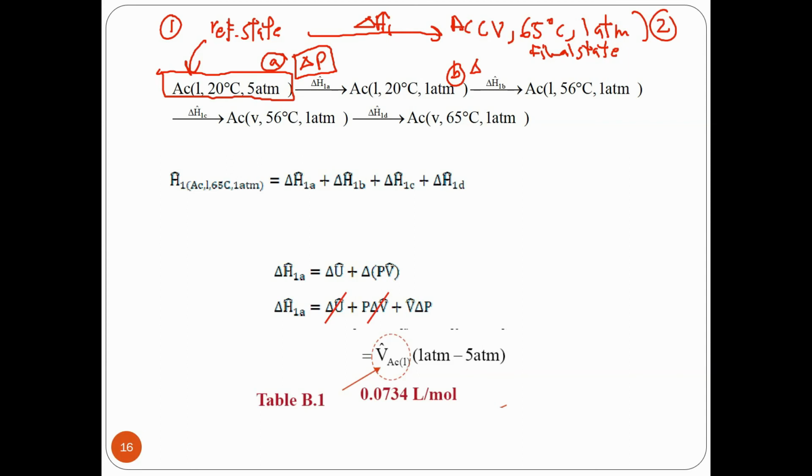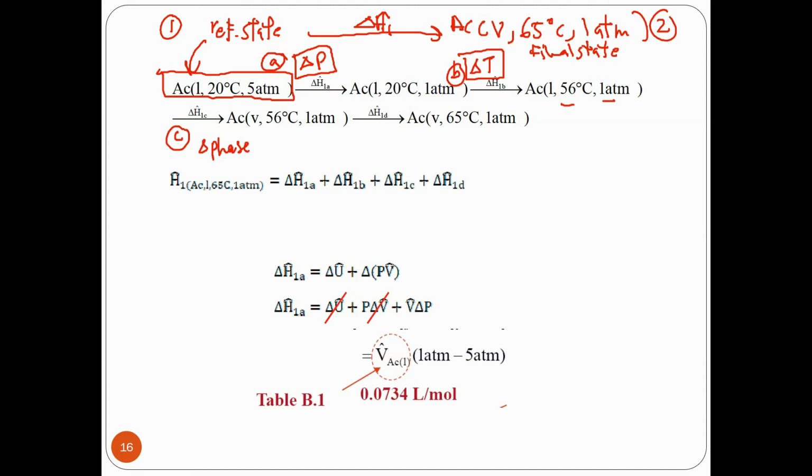This is where the change of temperature happens at constant pressure and constant phase. So at step C, from the acetone liquid at 56 degrees Celsius and 1 atm, there's a change of V. So here we have a change in phase at constant pressure and constant temperature.